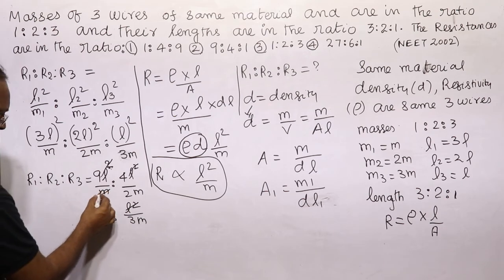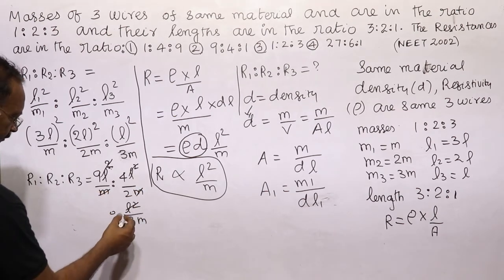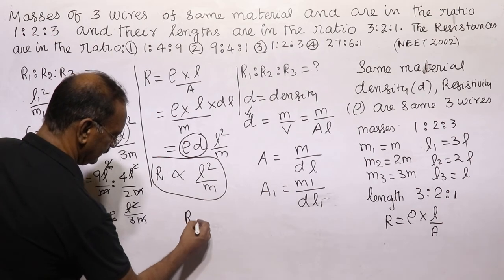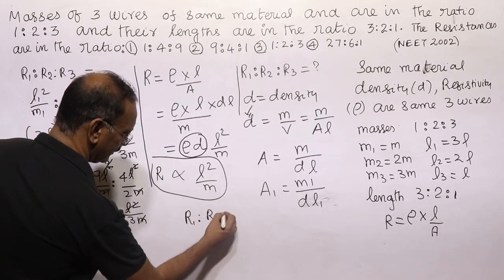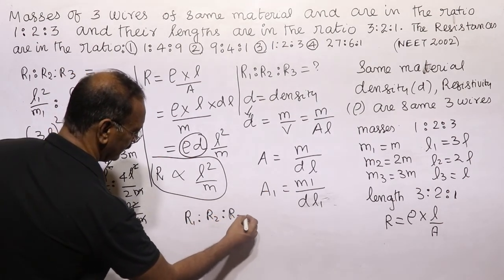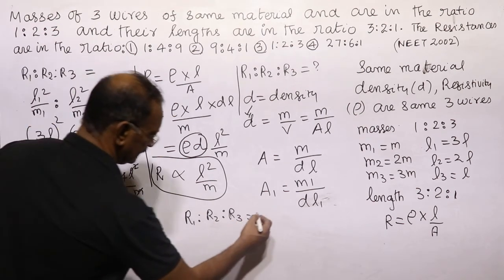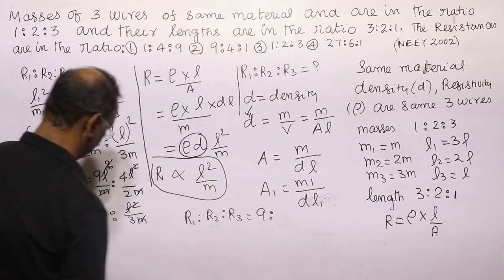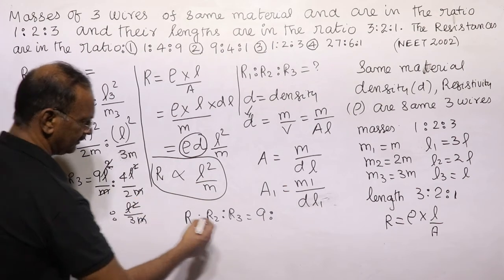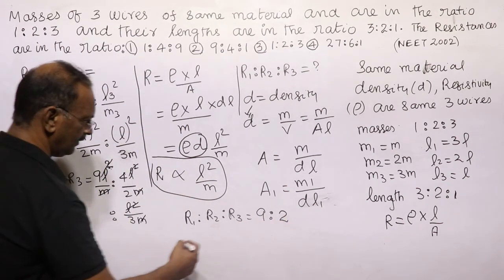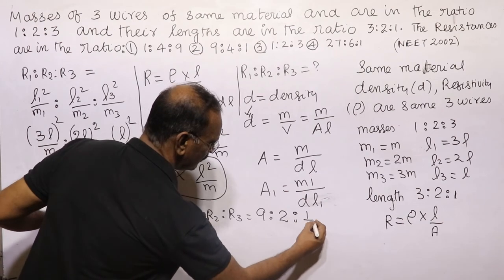So R1 is to R2 is to R3 is equal to 9 is to 4 by 2, that is 2, is to 1 by 3.